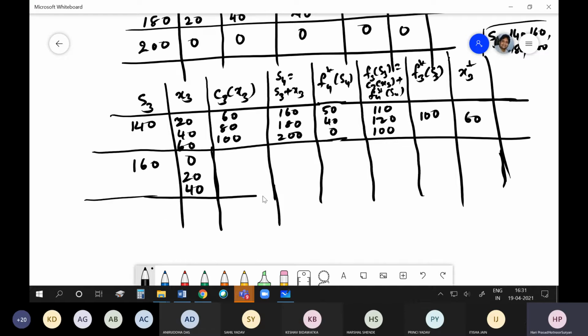Okay, so if you do this, I am just giving the values, please. 0, 20, 40, 60, 80. C3 of x, 160, 180, 200. Am I correct? Yes, 4 will be same.